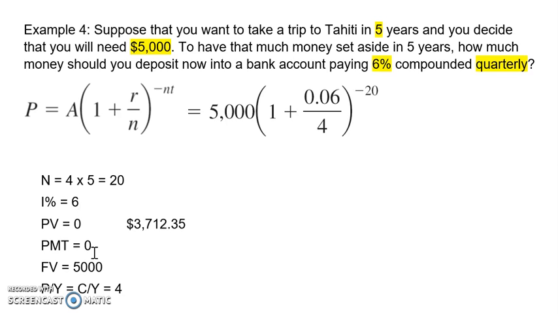Well, I knew I had to solve for PV because it says how much money should you deposit now, as in today or in the present, as opposed to asking what would my regular payments, plural, be, in which case we would be solving for a different line item here.